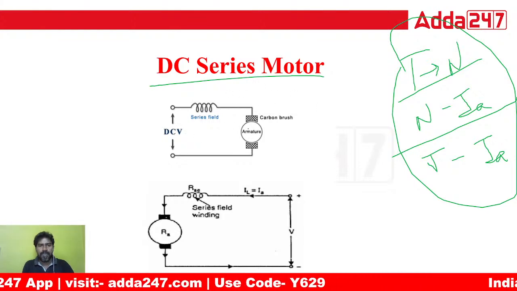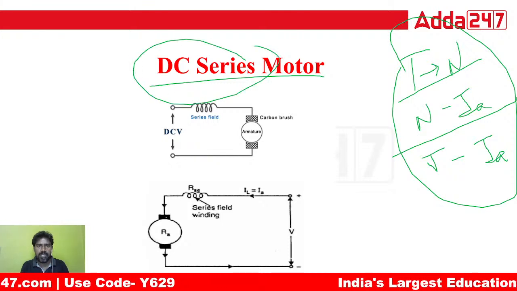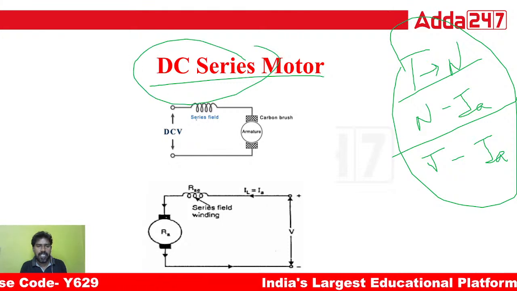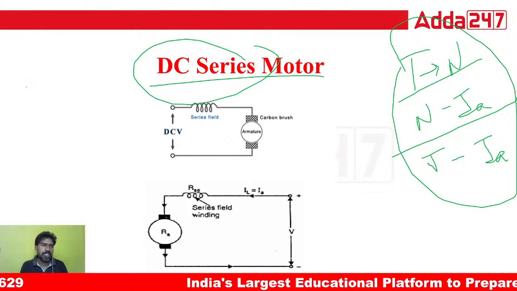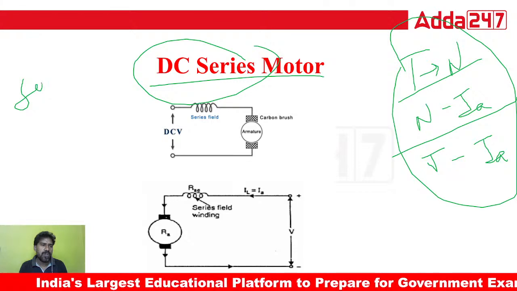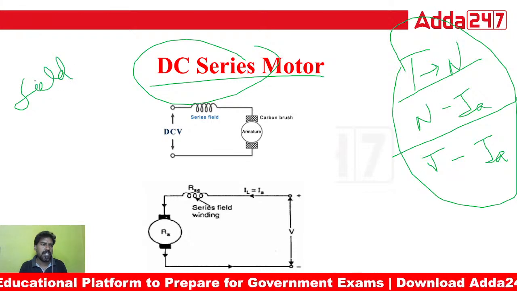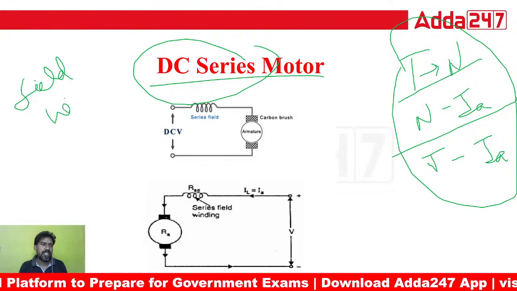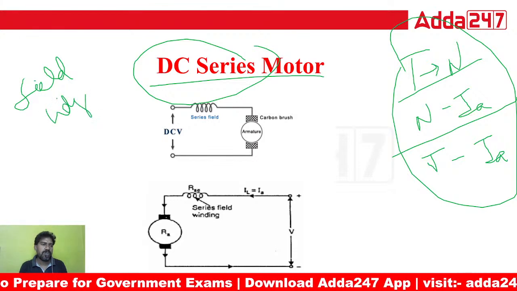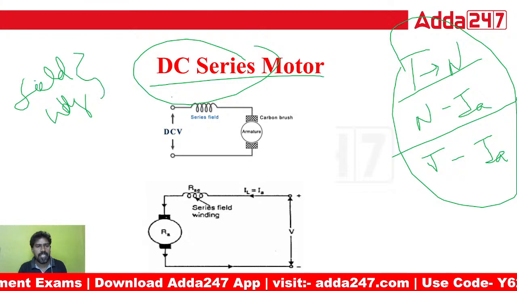Now, how can we say that this motor is a series motor? I already told you the classification is based on the field winding connection only. Based on the field winding connection, the motors are classified.